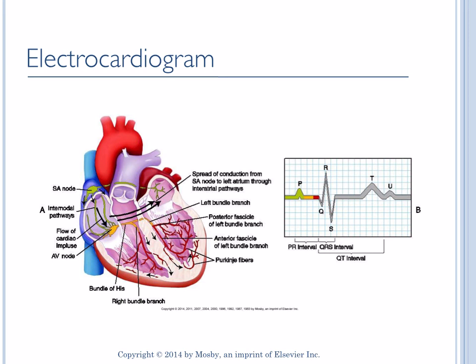Now, the intervals between these waves, PR, QRS, and QT intervals, reflect the length of time it takes for the impulse to travel from one area of the heart to another.